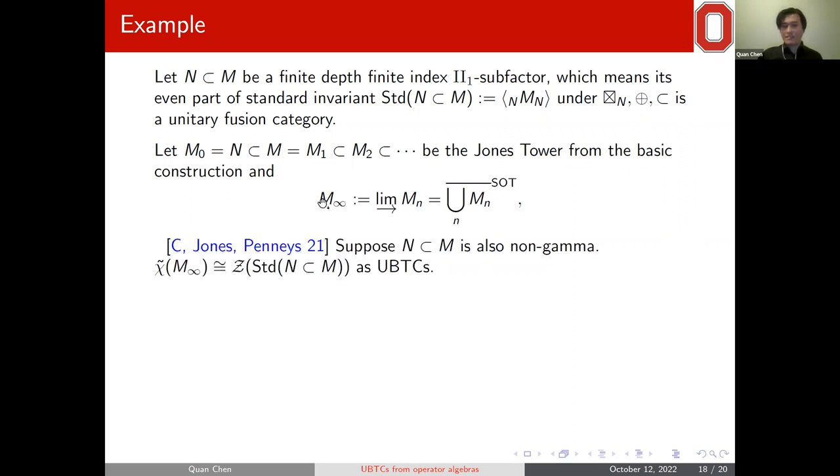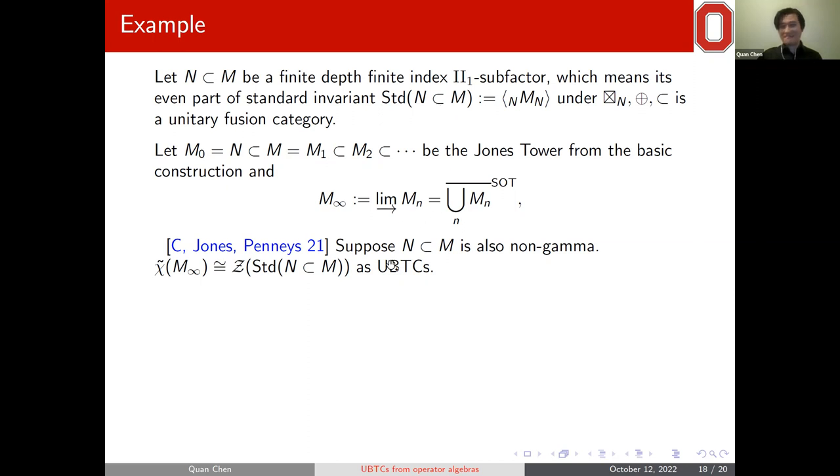And for this algebra, if we put an additional condition that N inside M is a non-gamma II_1 subfactor, which means you can control the central sequence in a more efficient way, now we can show that the chi tilde of the single II_1 factor, single algebra, is the Drinfeld center of your standard invariant.